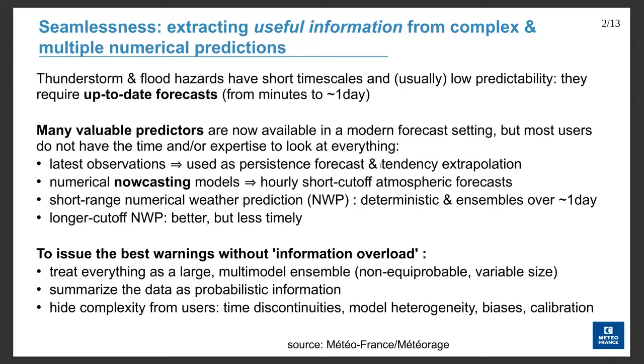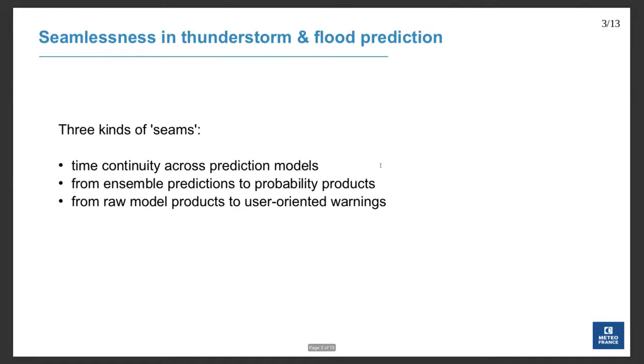So we will discuss three kinds of themes, so to speak. There are the discontinuities between the prediction models that we would like to blend. Then there's the gap between what's modeled in the ensemble prediction systems and the parameters for which you would like to issue probabilities. And then there's the translation of numerical weather prediction information into understandable user warnings.